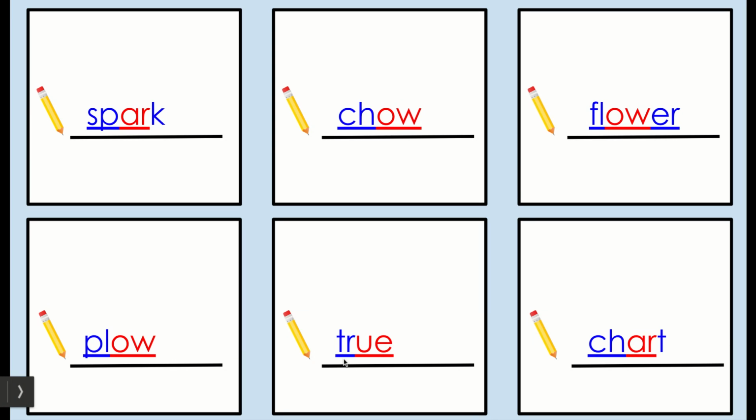The next word, true. TRUE with the letter pairs TR and UE. And the last word, chart. CHART with the letter pairs CH and AR.